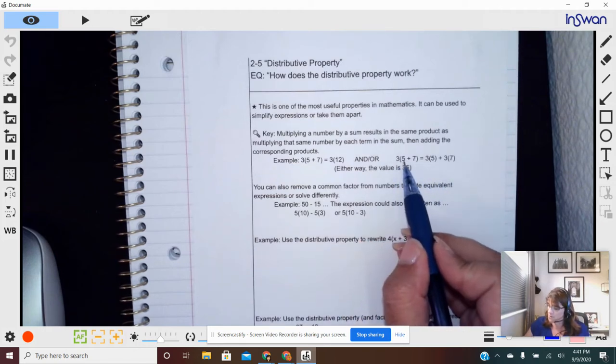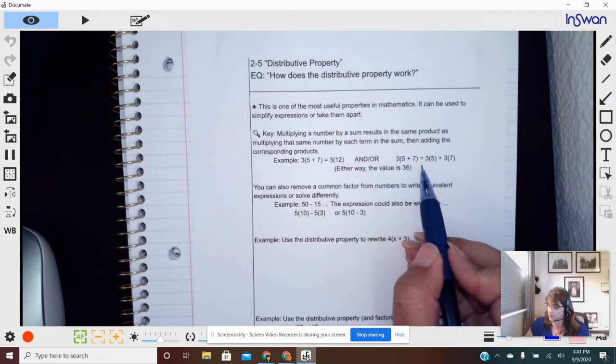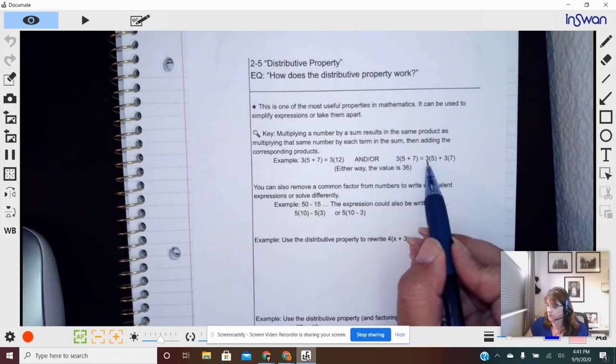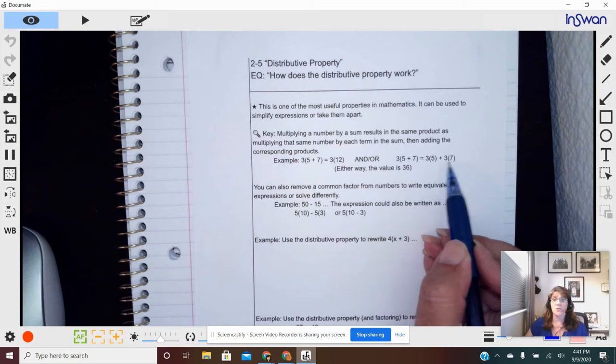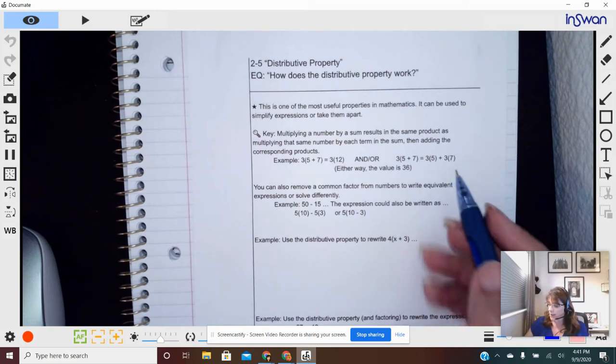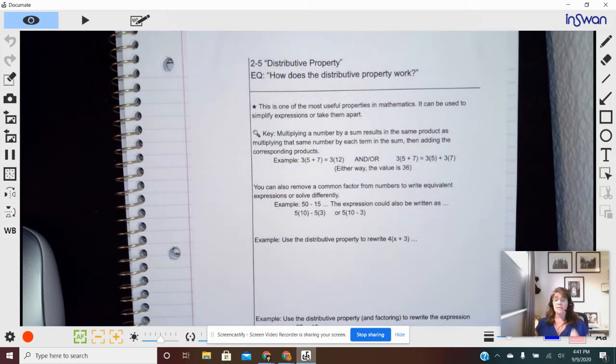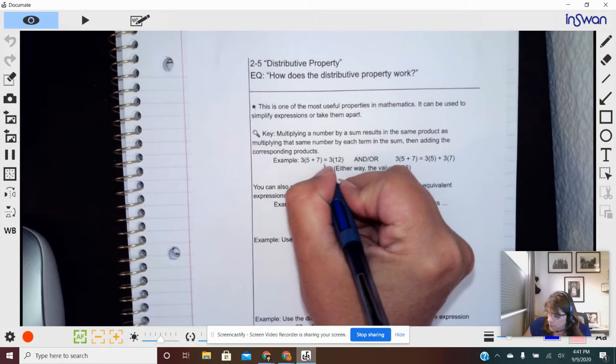And 3 times the quantity 5 plus 7 is equal to 3 times 5, 15, plus 3 times 7, 21, okay? Here is the biggest deal, and I know equations aren't our topic right now, but we've been spending all our time so far in expressions. And I've been saying an expression doesn't have an equal sign. Okay. Here we have an equal sign.